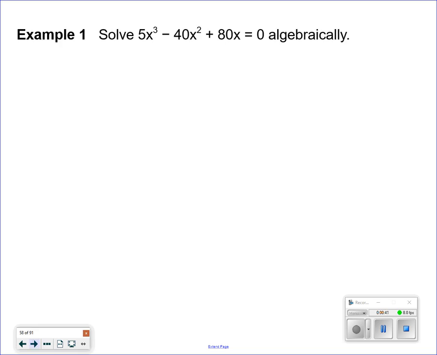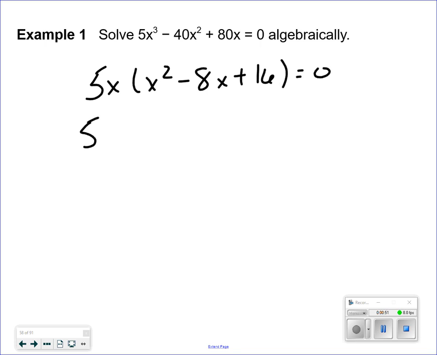So here we go. I'm going to factor this completely just like you did previously. So I'm going to take out a GCF. And then I'm going to factor the parentheses again. So factors of 16 that add to -8 would be -4 and -4.